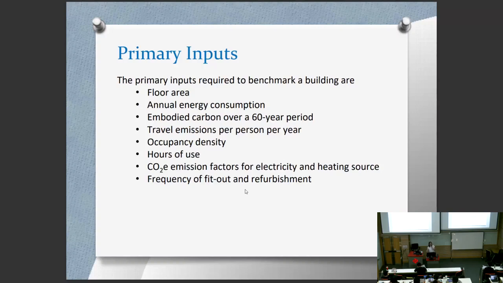So in order to find out the whole carbon footprint, we need all these data. It's difficult to find them, especially the travel emissions per person, so you have to collect so many data.